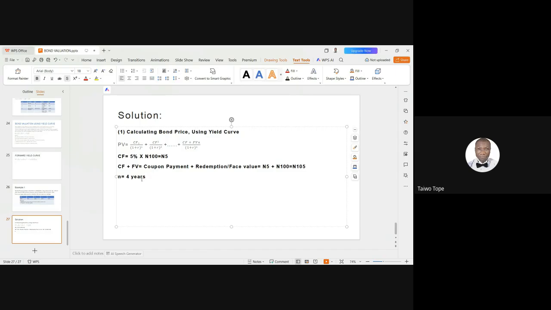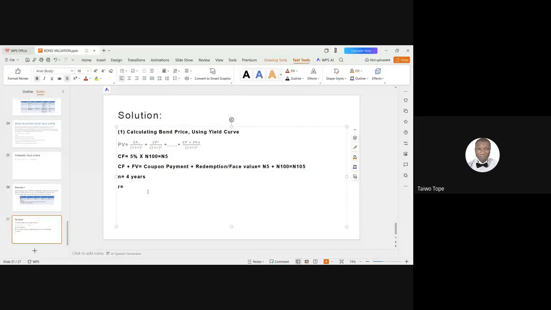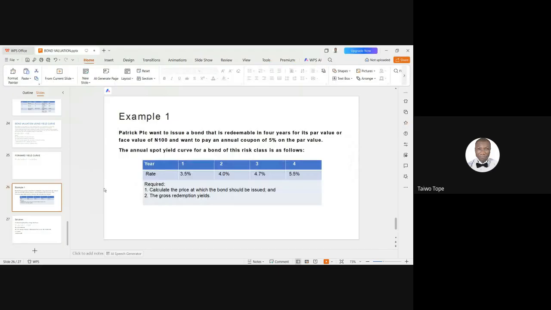Now, what will be your R? The value of R for year one, in percentage, is 3.5. In decimal, it will be 0.035. In year two, it will be 0.040.